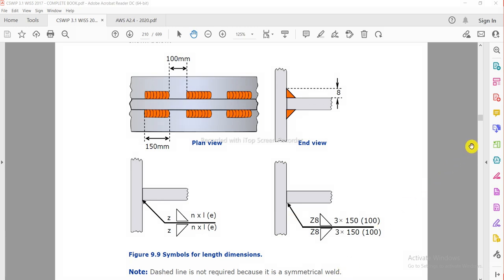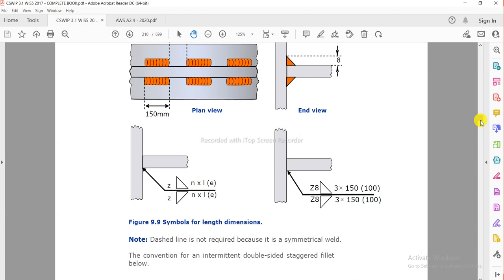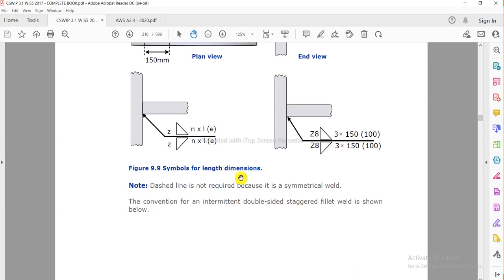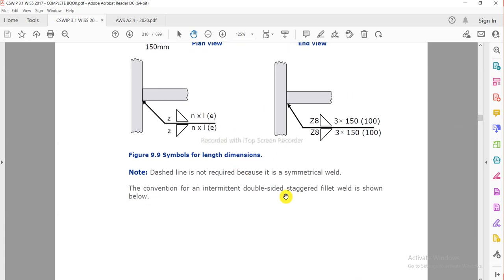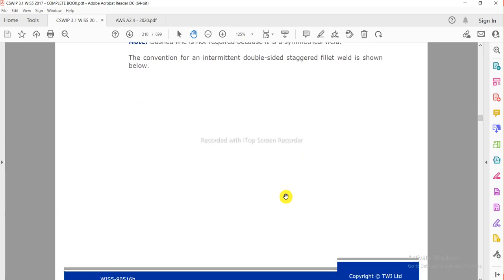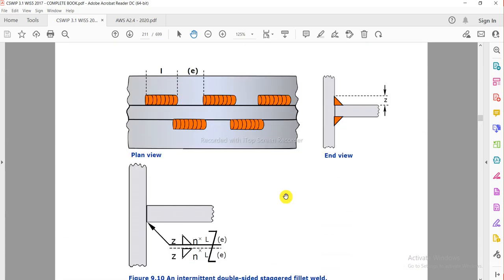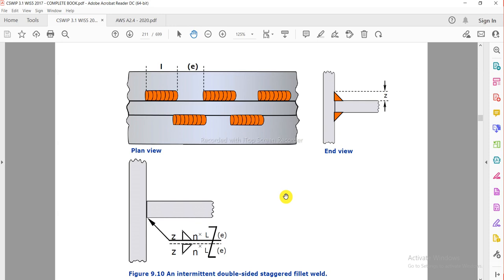Z8 means a dashed line is not required because it is a symmetrical weld.